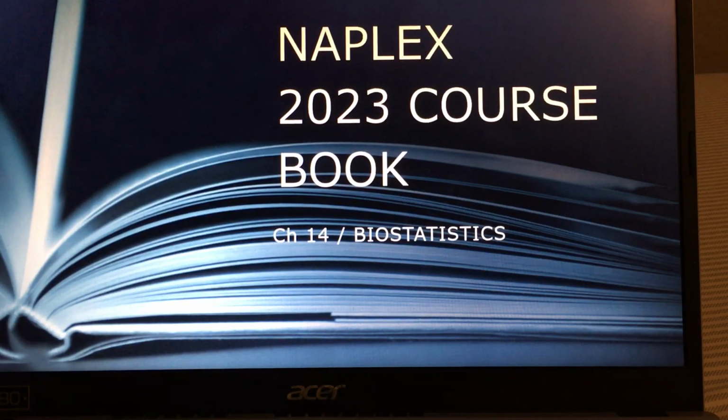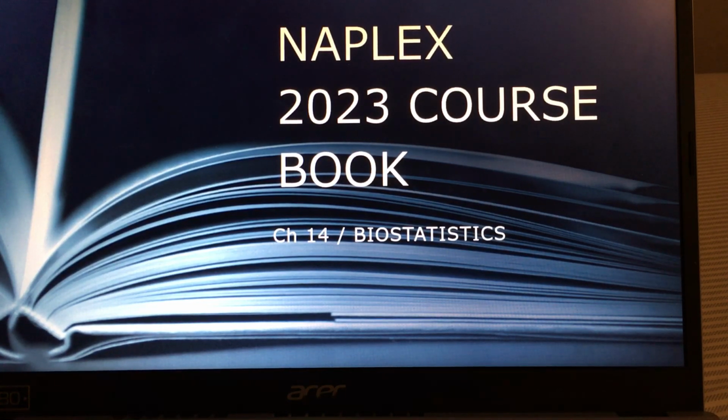So using our data from the previous page, if we do 28% minus 16% and divide that by 28%, we get a relative risk reduction of 0.43.